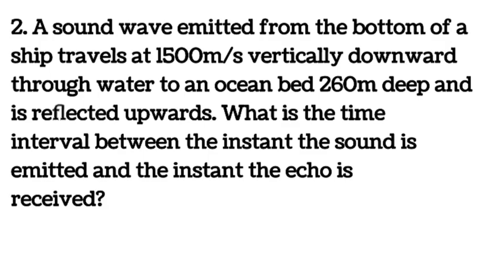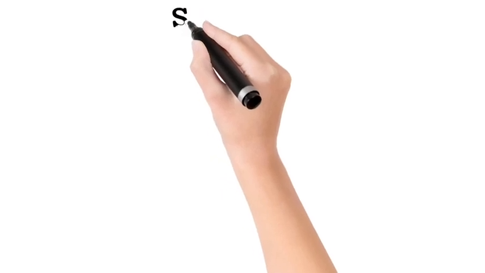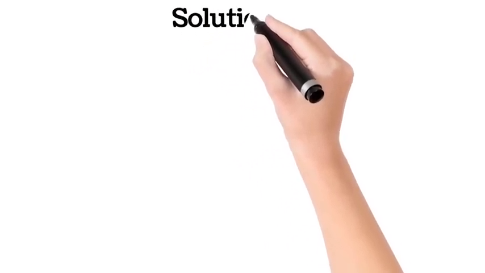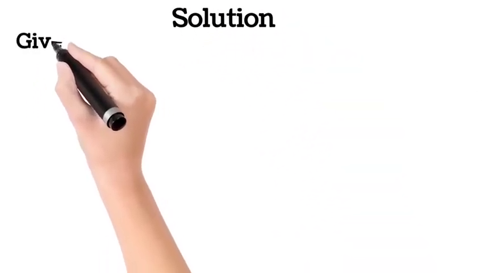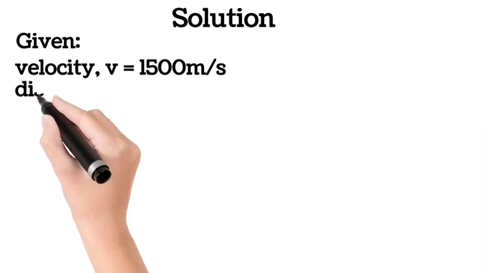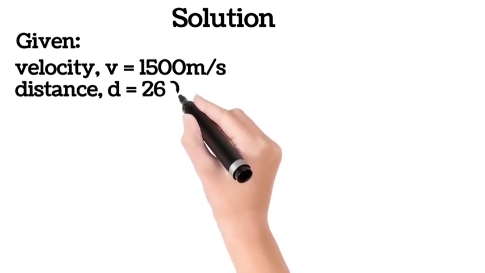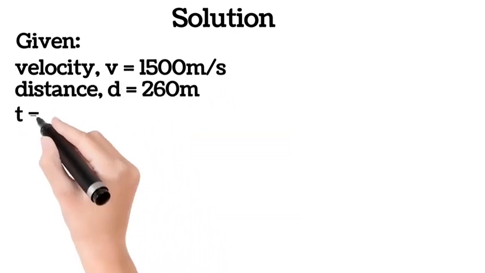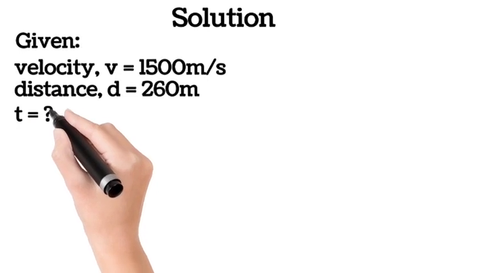So, solution. First of all, we write out our given parameters. We are given velocity as 1,500 meters per second. You see, the sound travels at 1,500 meters per second. Meter per second there should tell you that it is velocity.